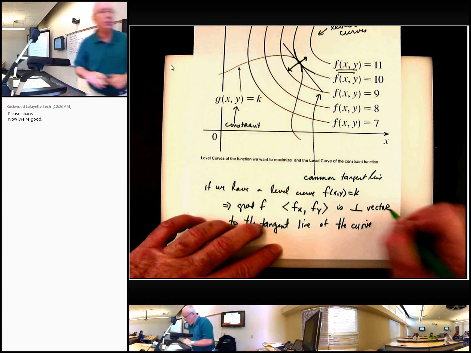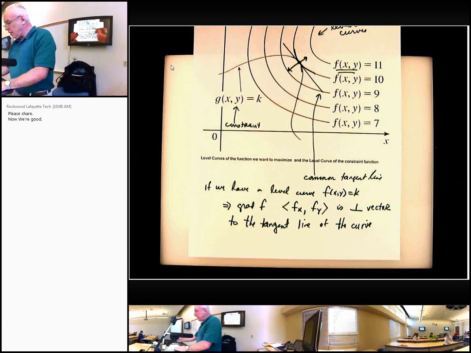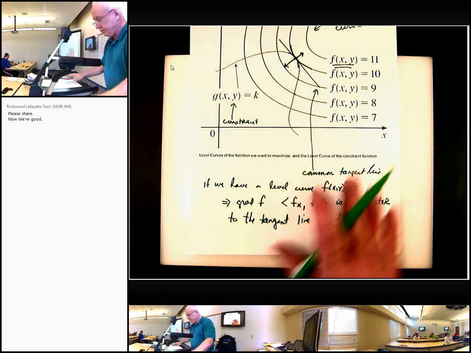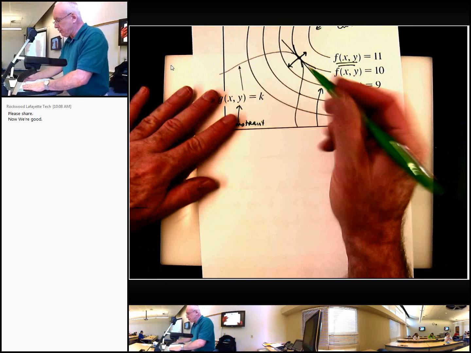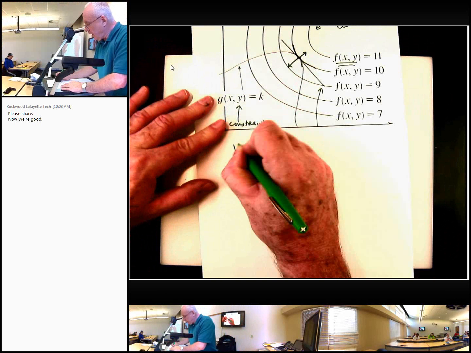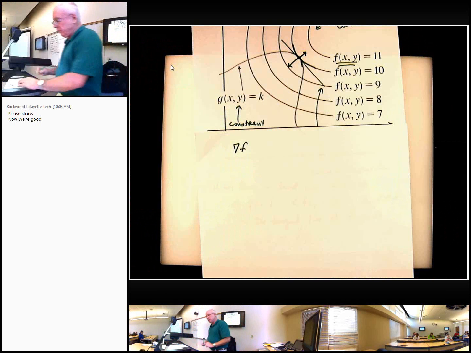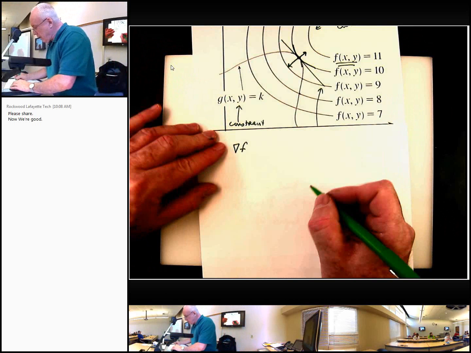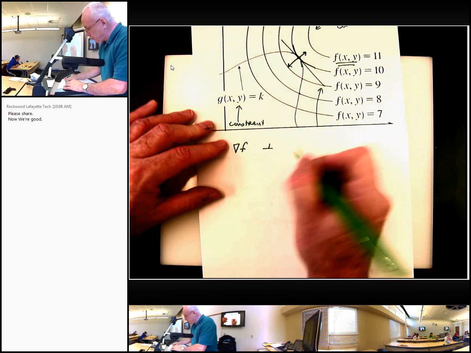All right. So therefore, in this case, we have these two curves touching each other. So let's look here. The gradient of my f function is perpendicular to the tangent line.